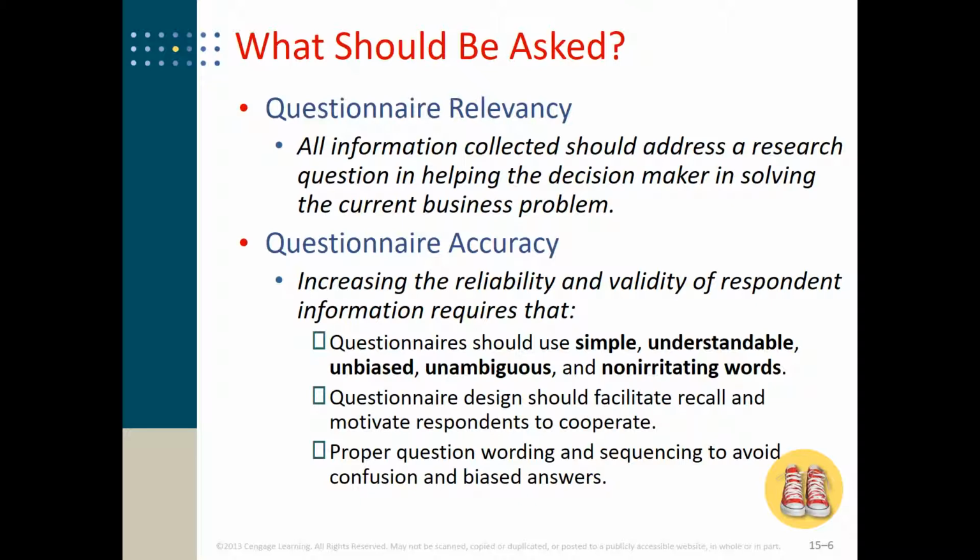Your language should be simple, understandable, unbiased, unambiguous, and you should use non-irritating words. Questions should be written in such a way that it helps respondents recall the answer. And also, the questions should be written in such a way that respondents are not being biased, respondents are not being confused.